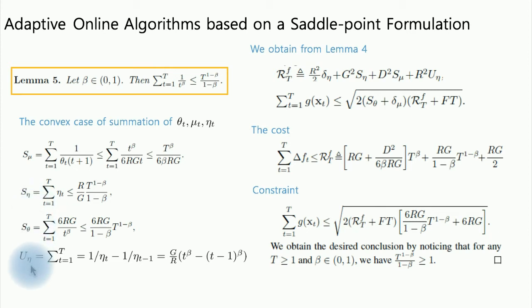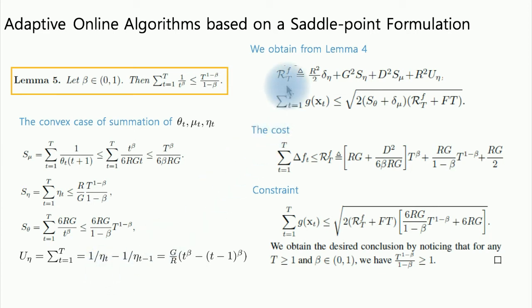The terms can be obtained by summing the series of 1 over eta t minus 1 over eta t minus 1, which directly simplifies by telescoping for the sigma equal to 0 case.